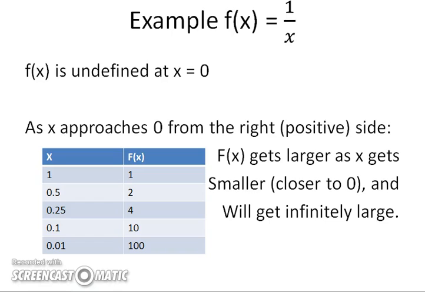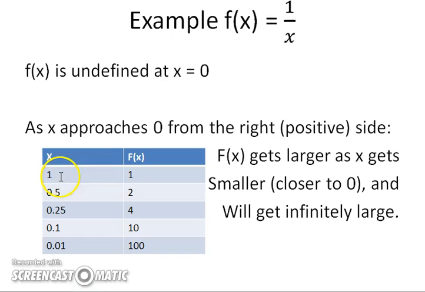Anyway, f of x is undefined at x equals 0. As x approaches 0 from the right, though, as long as x doesn't actually become 0, f of x will have a legitimate value. So let's say we start on the positive side and we approach 0, so the values of x get smaller.